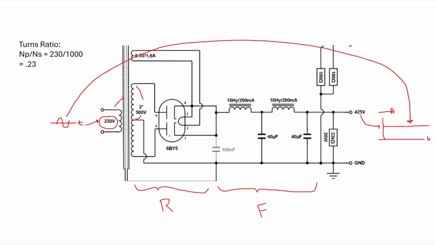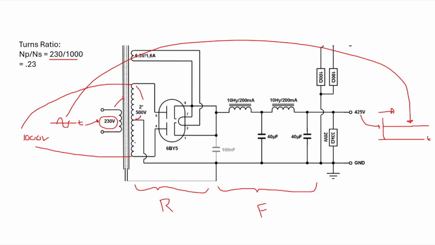So what that really means is if I was to measure voltage from here down to here, we would measure 1,000 volts. 2 times 500. So the turns ratio of this transformer, not that we even need to know it now, just out of curiosity, would be 230 on the primary divided by 1,000 on the secondary.